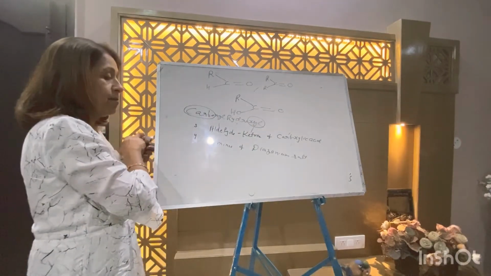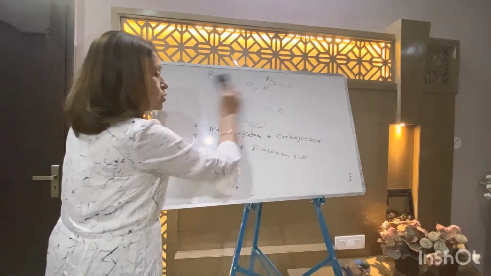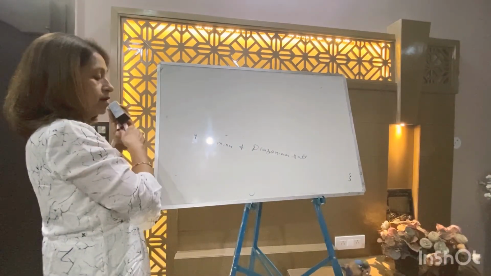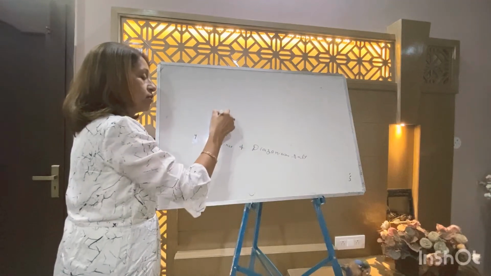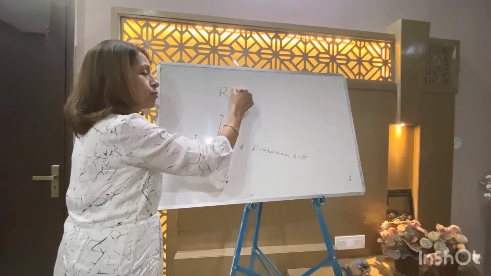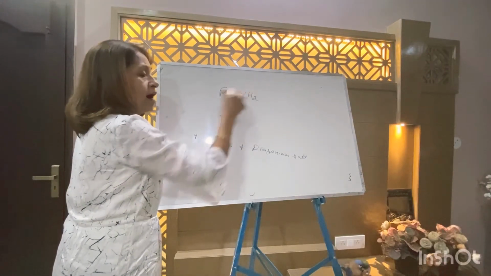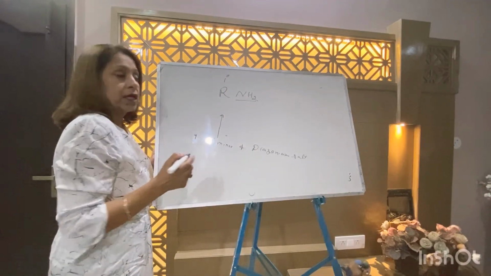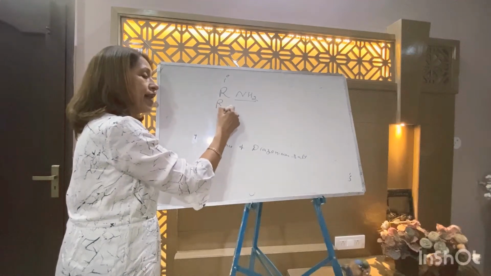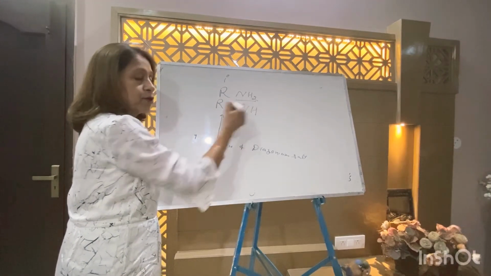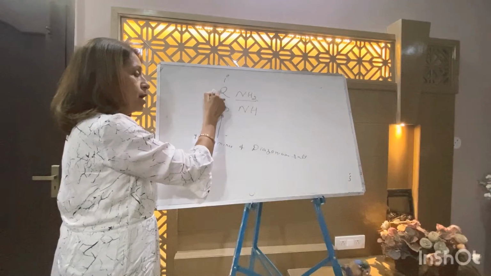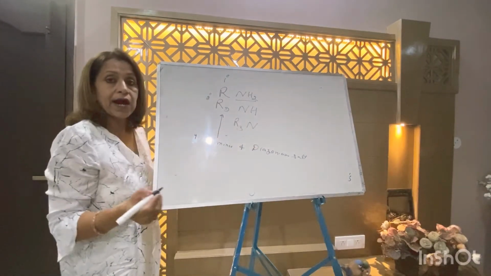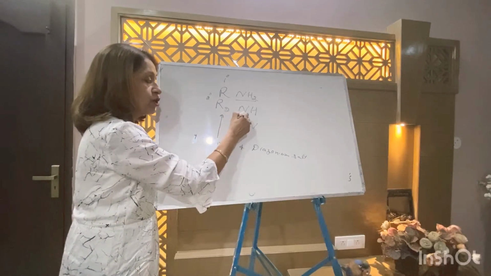So next is amines and diazonium salt, the fourth chapter. Amine is RNH2. If it is RNH2, it is primary amine. If it is R2NH, secondary amine, and if it is R3N, it is tertiary amine.